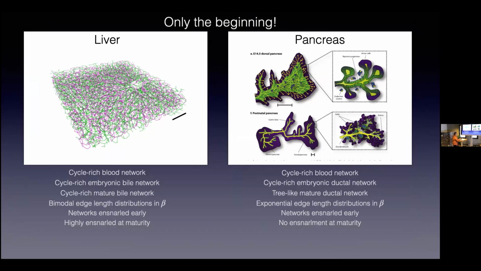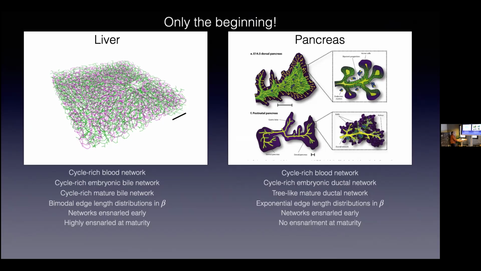You get different edge-length distributions. Remember, yesterday I showed you that the edge-length distributions in the liver have this hidden bimodal character if you look at the beta skeletons. In the pancreas, those just stay exponential. So in beta, you have this hidden bimodal edge-length distribution that does not appear in the pancreas.